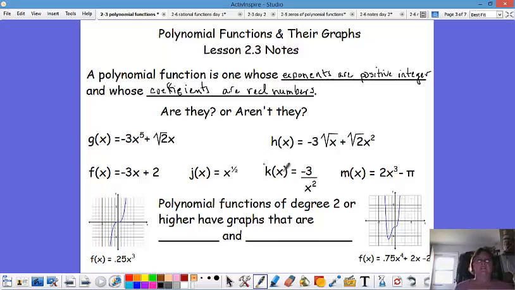A coefficient, of course, is the number that's a multiplier, so like this -3 is a coefficient.